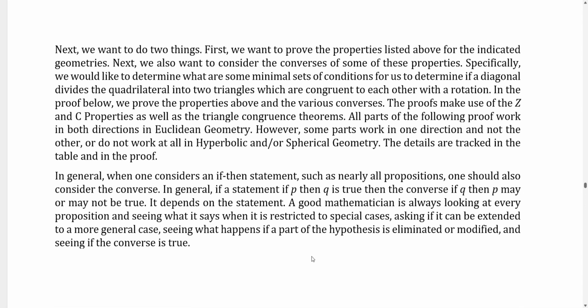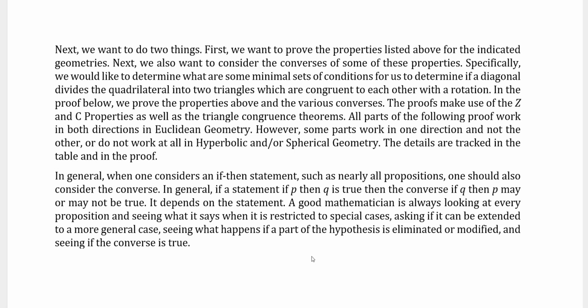So next we want to do a couple of things. A couple of them we've actually already done. We want to prove the properties listed for the indicated geometries, and I kind of talked you through that proof already. We also want to consider the converses of some of these properties. We looked at one. We showed that if a quadrilateral is a parallelogram, at least in Euclidean geometry, then it has to have both pairs of opposite sides congruent.